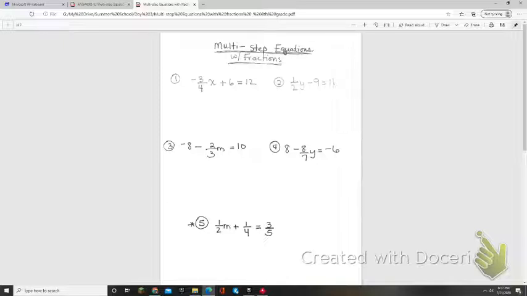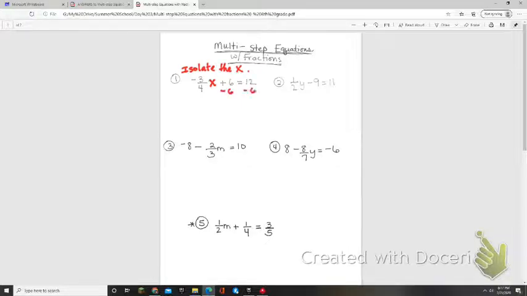All right, so the first method that I'm going to talk about is just isolating the x. So you might see your teacher this year do it this way. They might choose to do it another way. If I'm going to isolate the x, then that means I have to undo everything, which starts with the addition and subtraction.